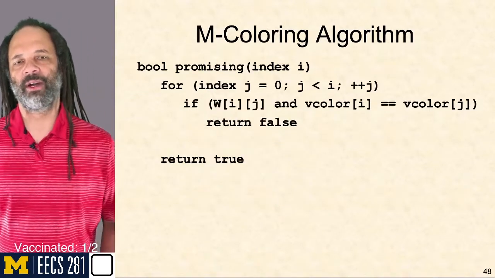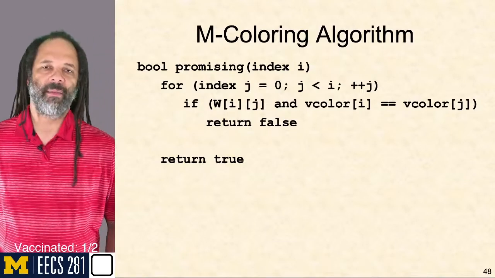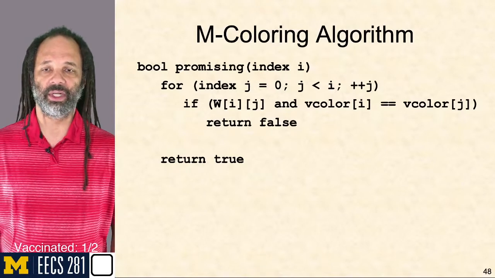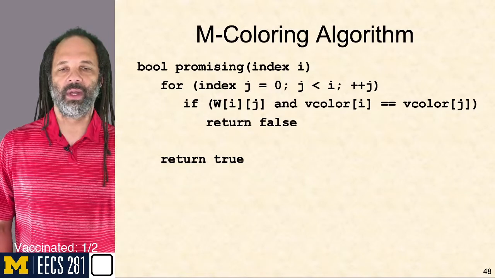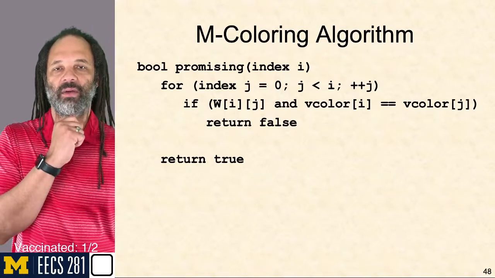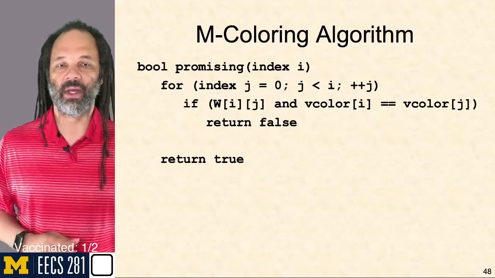That promising function that was in there. Promising is important to all of my backtracking functions, but it's different for every problem solution. In this case, as I'm looking at graph coloring, what does that look like? I just said I'm trying to color vertex I. Let's say I'm trying to color the third vertex. Well, great.